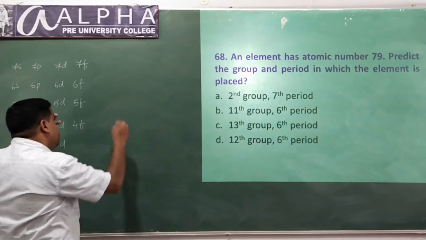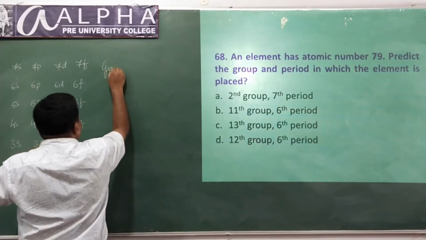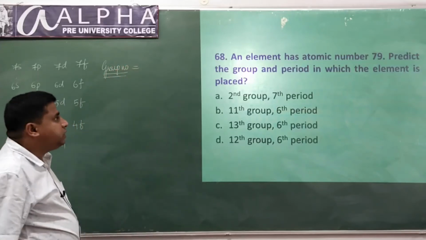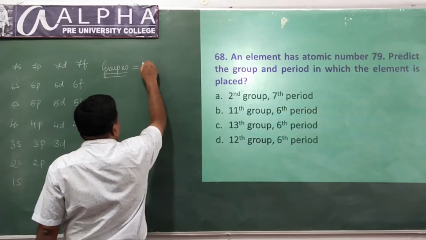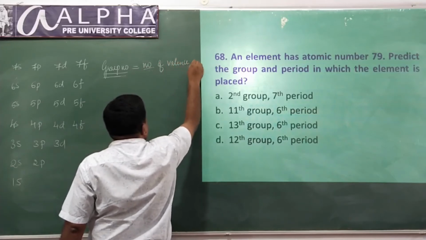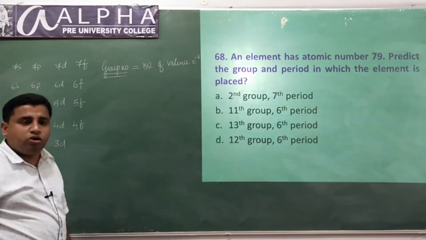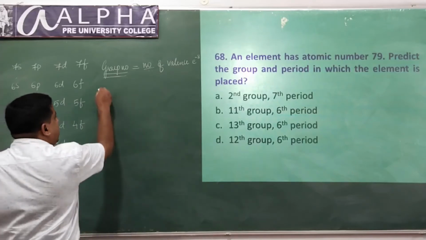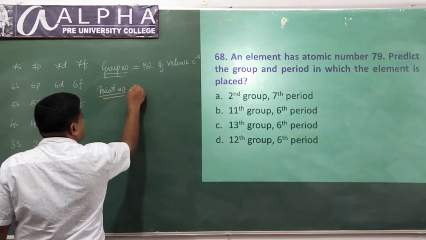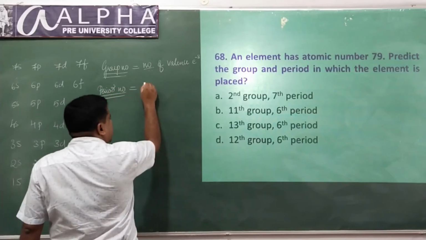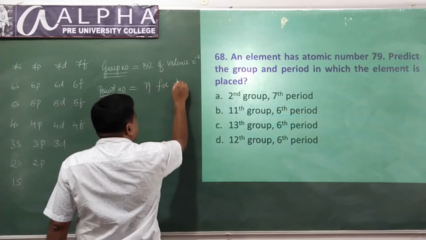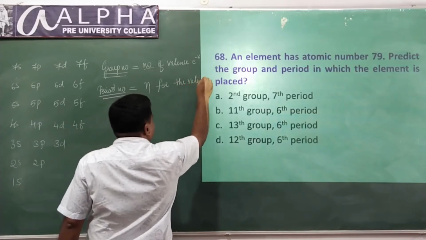And one more thing: group number. Group number is usually equal to the number of valence electrons. Period number is usually equal to the n value, the principal quantum number value, for the valence shell.